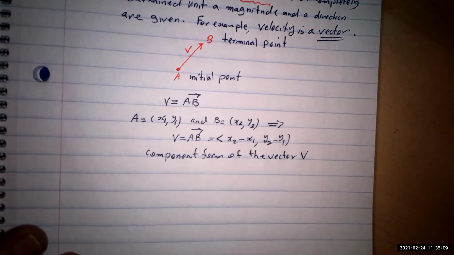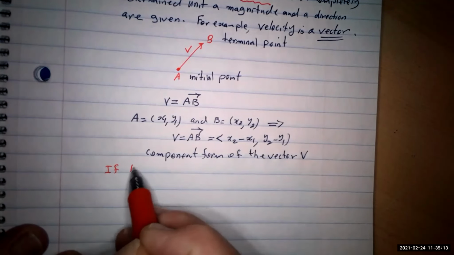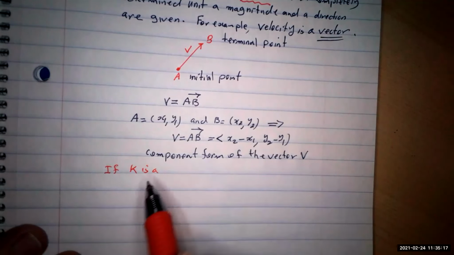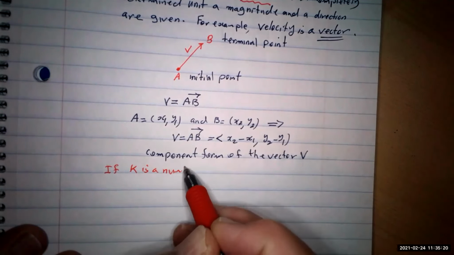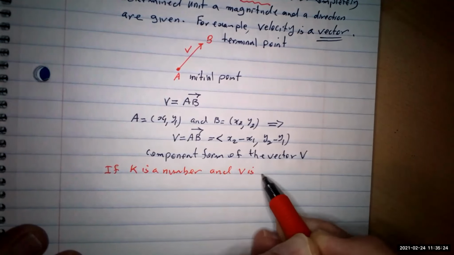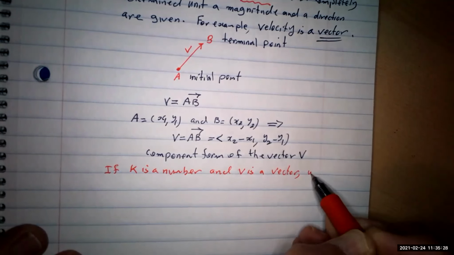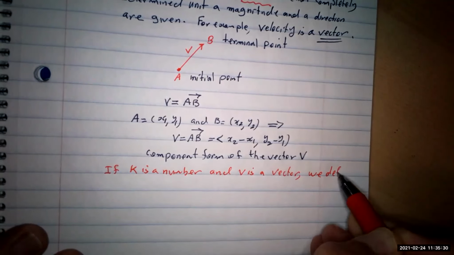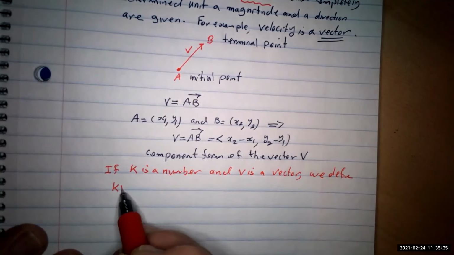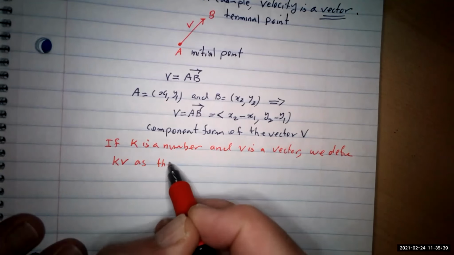The operation that we're going to have is this: if k is a number, a scalar, and V is a vector, then we define k times v as the following vector.